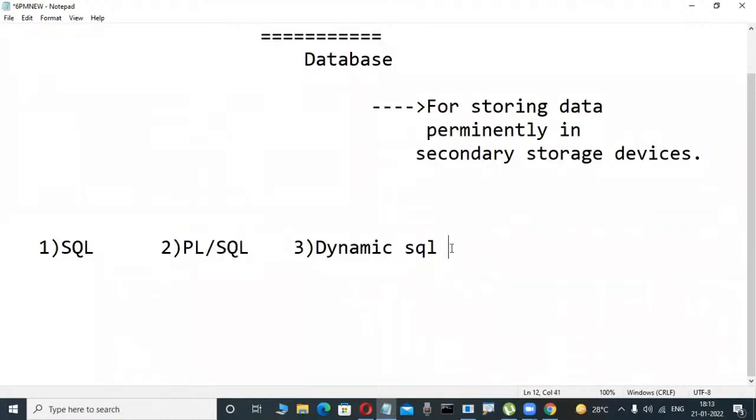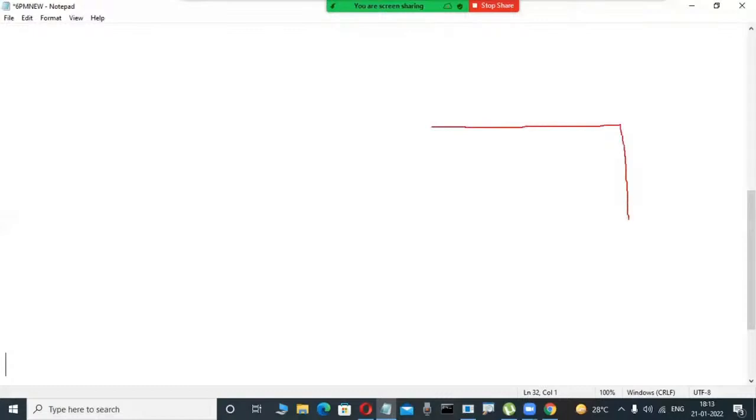Now, for example, you are a first-time newcomer, so how will you understand? Concentrate here. Why PL/SQL is required, just for the idea, I'm telling some applications. Slowly observe. Daily, so many people go to banks for depositing or withdrawing money.